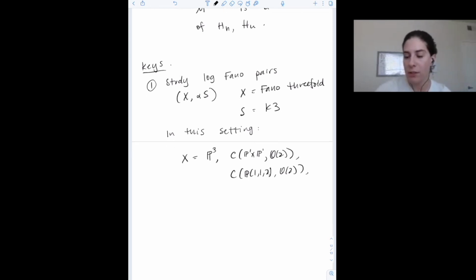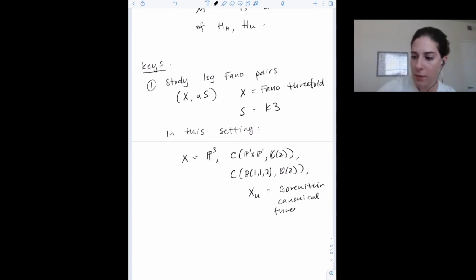Or there's one final threefold, which I'll just call XU, a Gorenstein canonical threefold containing the unigonal K3s.